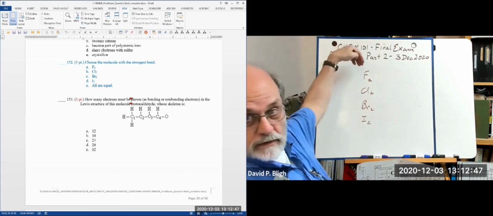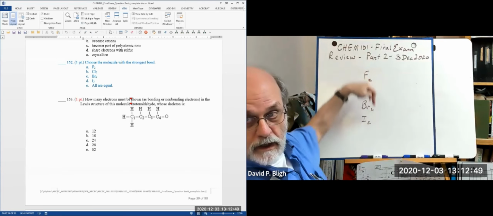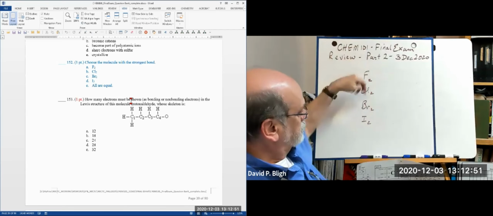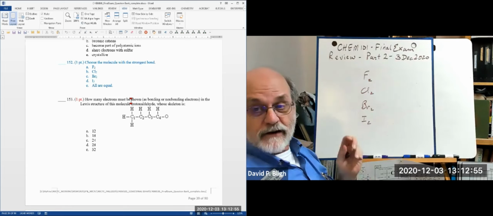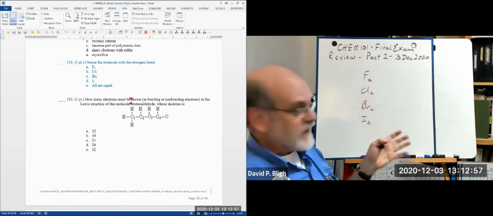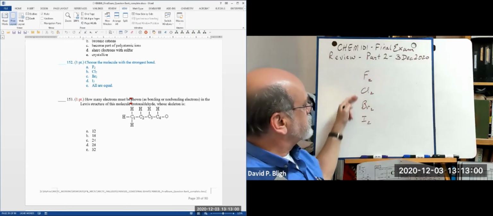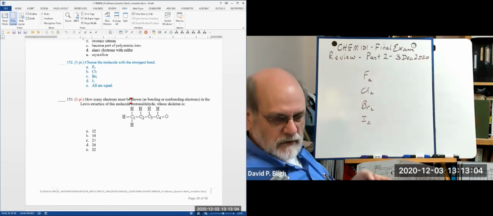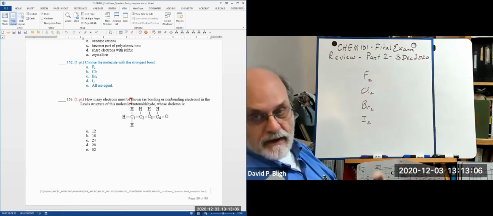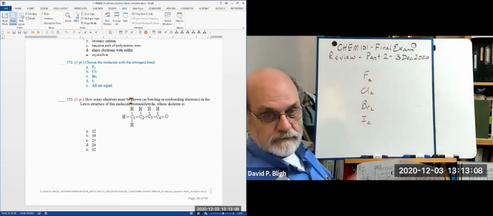And they're in order in that family from top to bottom. So we could look at electronegativities and say that the electronegativities increase as you go up, right? So electronegativities would say something about their bonding potential.